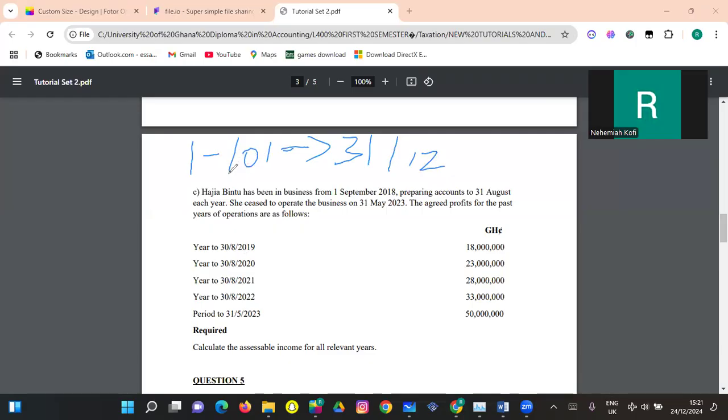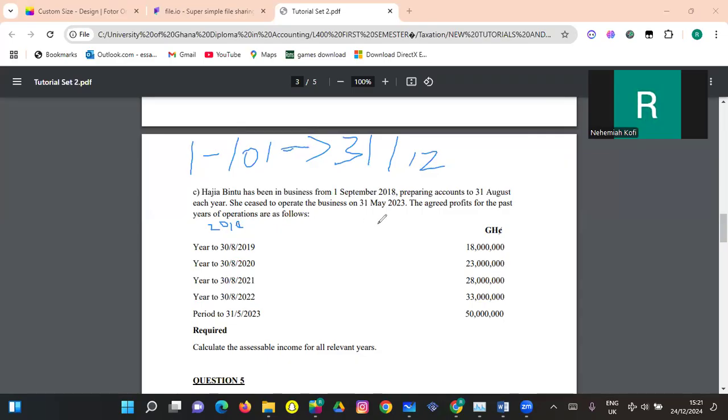So any month within this calendar year will be apportioned, right? They worked from September to December 31st in that particular year 2018. So September they worked, October they worked, November they worked, and December they worked, which is 4 good months, right?